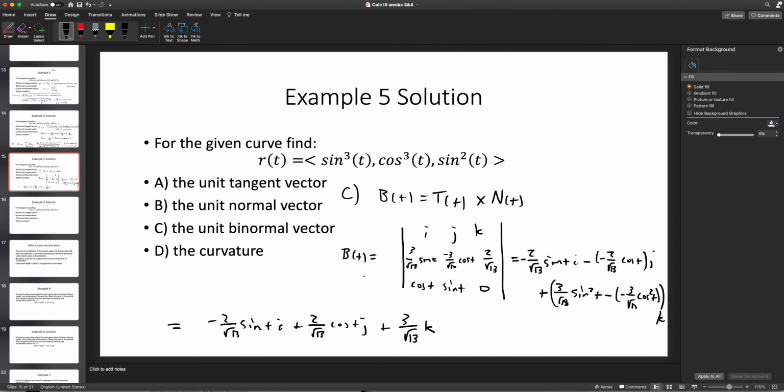And this is B of t, the binormal vector that we just found in standard basis form. You could factor 1 over root 13 out of all this if you want to, that's fine. You could bring that out in the front, 1 over root 13 times these, that's just a constant.